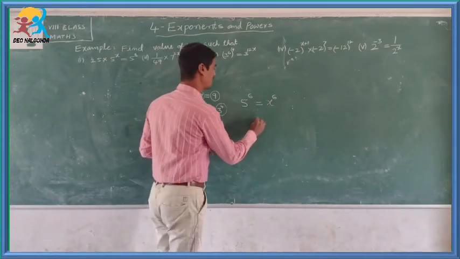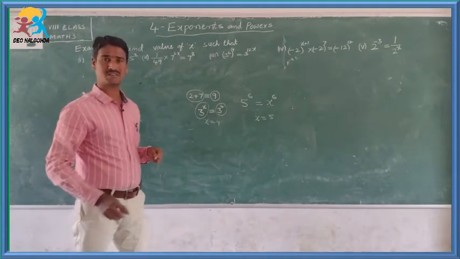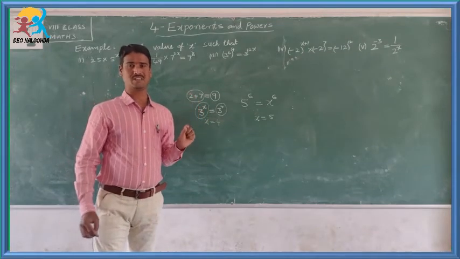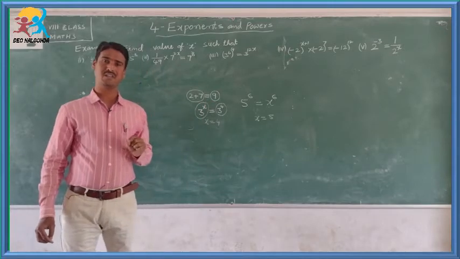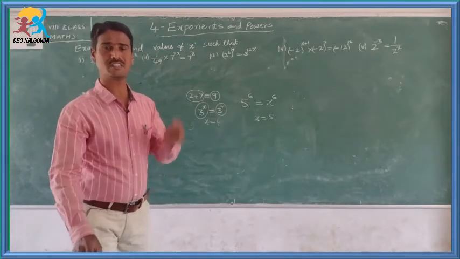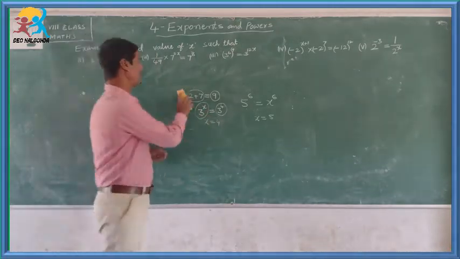So x equal to 5. Yes or no? So if two powers are equal, then exponents should be equal and bases also should be equal. Using this small concept, we are going to solve these problems.